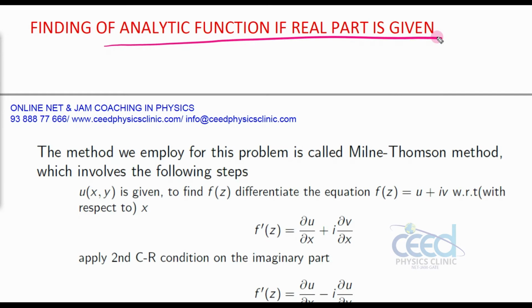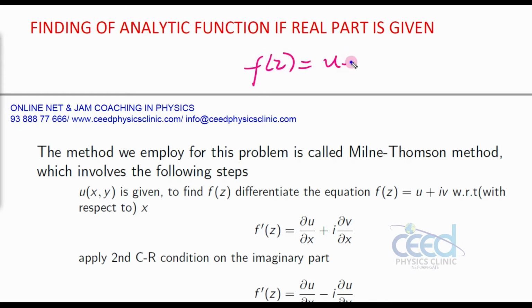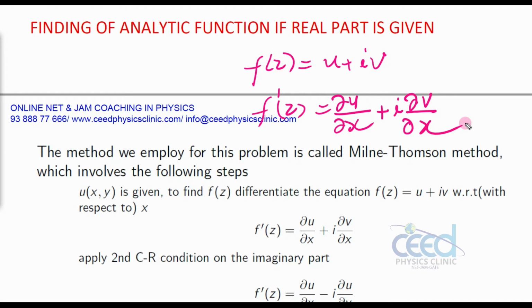Here the method we are using is: we know the complex function f of z is equal to u plus iv. From it we will find f dash z, that is dou u by dou x plus i dou v by dou x. Now by the Cauchy-Riemann condition, which we studied in the last class, dou v by dou x is equal to minus dou u by dou y.